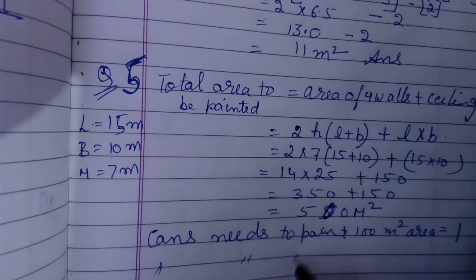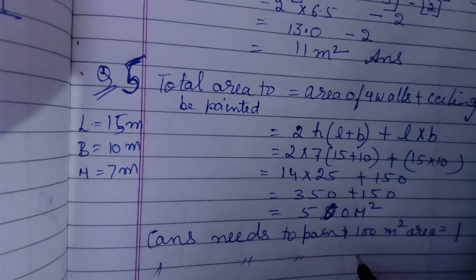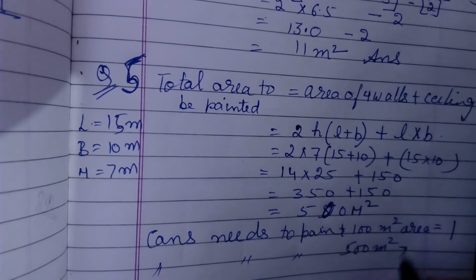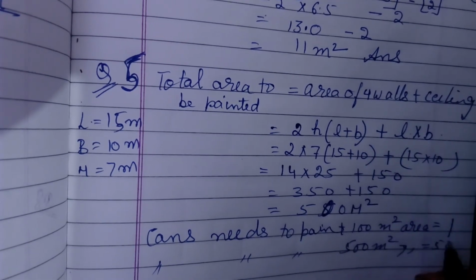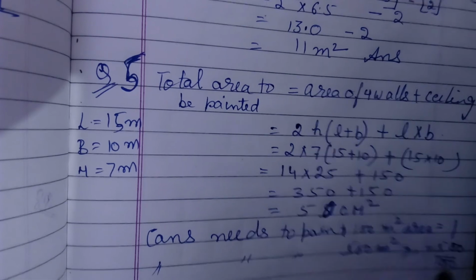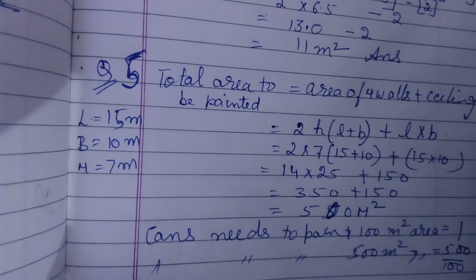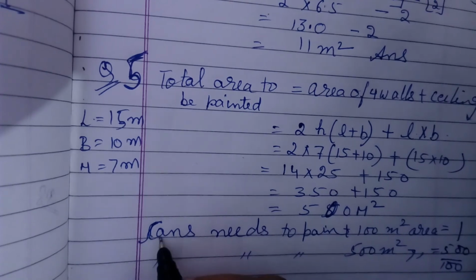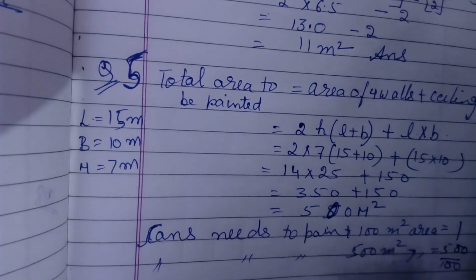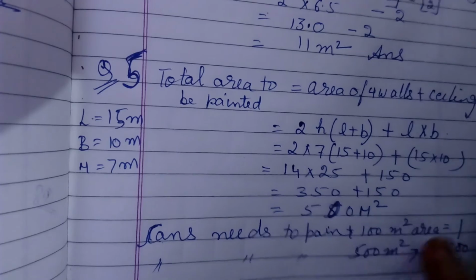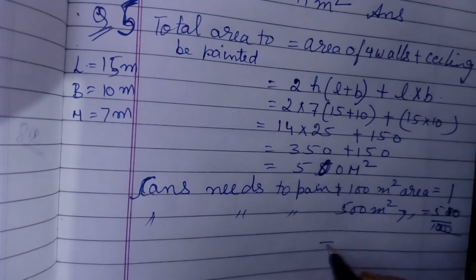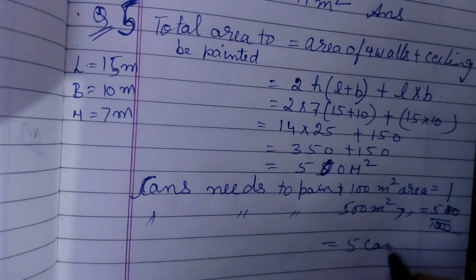Cans needed to paint our area of 500 meter square is 500 divided by 100. Always in every sum, what is to be calculated, the thing you have to find, that should be written here: cans needed to paint, because we want to calculate the number of cans. So how many cans will you need? 5 cans. Clear?